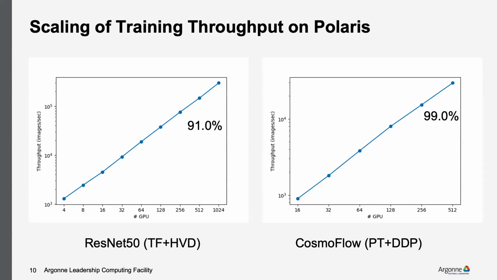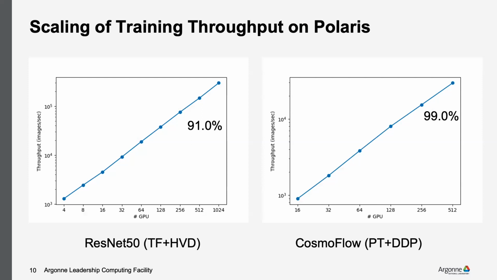Okay, and just to give you a sense of what kind of scaling efficiency we will get when you scale up this application, I provided two examples here. One is ResNet 50, which everyone knows, and the other is CosmoFlow. For ResNet 50, I scaled up to 1000 A100 GPUs and got pretty good scaling efficiency, 91%.